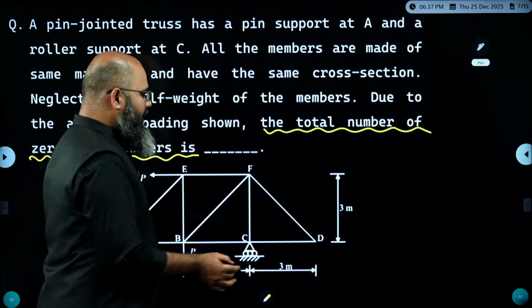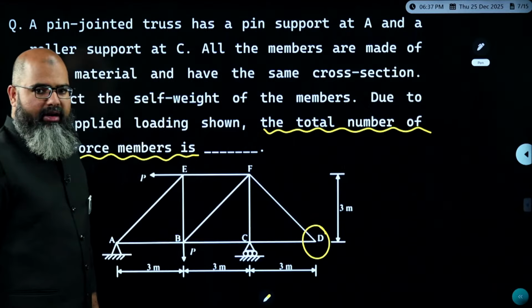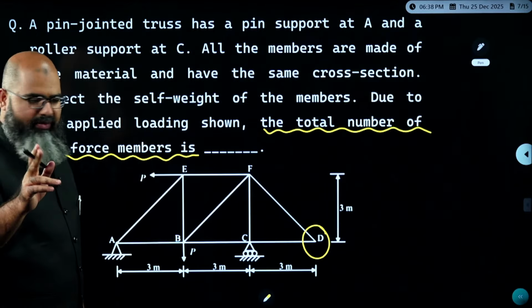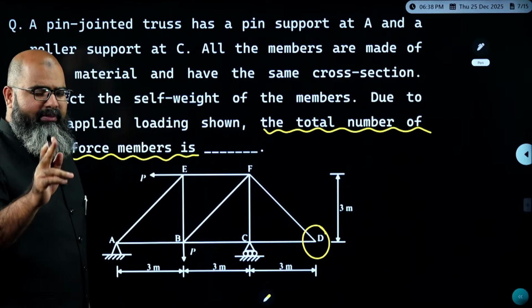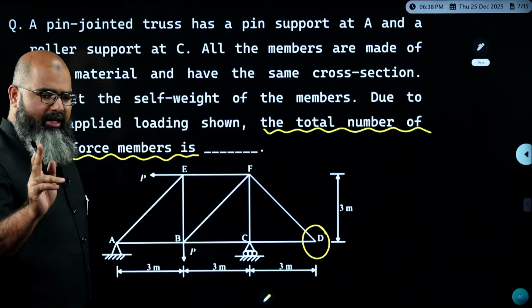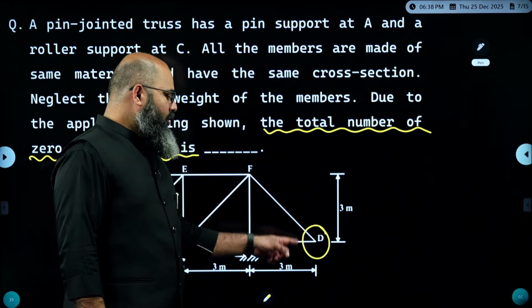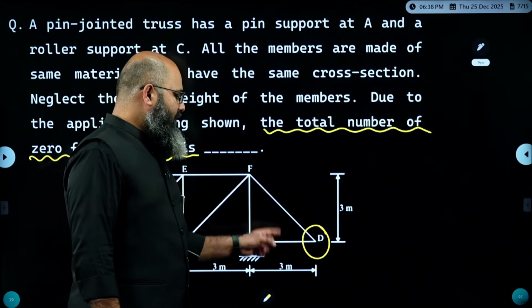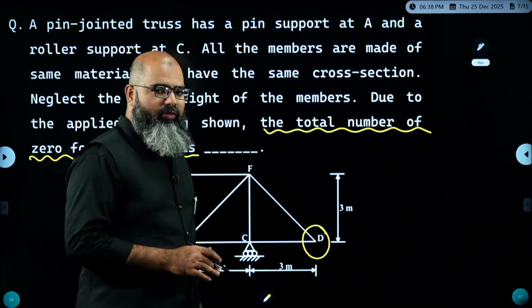For example, you can see over here, this particular joint is one such joint where you are having two members. First of all, every member has axial loading. Remember this thing, in trusses every member is only axially loaded. So now at this particular point, you are having two loadings only, non-collinear, guarantee both of them must be zero force.